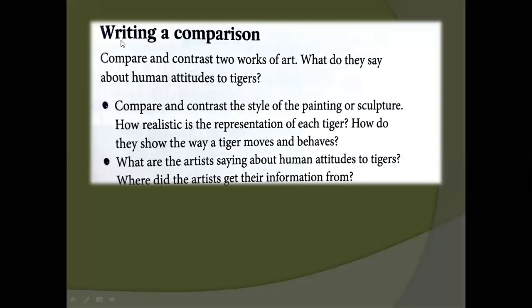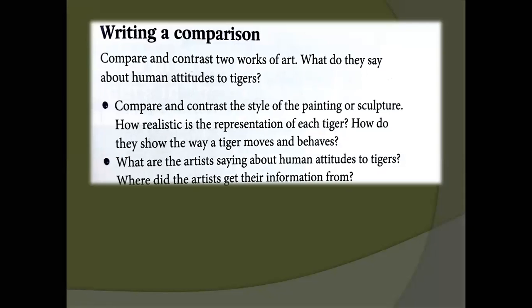Here, writing a comparison. You're going to write a comparison. Compare and contrast two works of art. What do they say about human attitude to tigers? So what are you going to do here? Compare and contrast the style of painting or sculpture that we're going to choose. And then, how realistic is the representation of each tiger? Which one is more real?